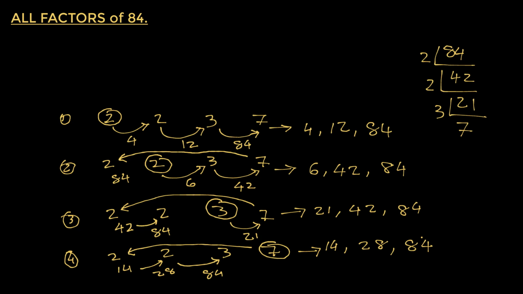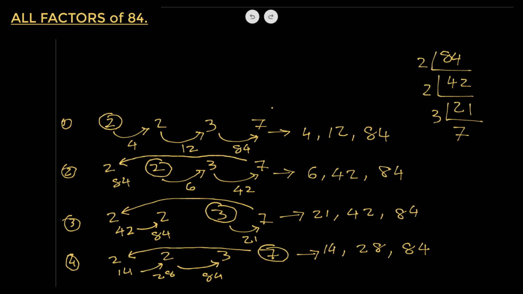So we have done the product combination of all the prime factors. Now which are the prime factors? Write them again: 2, 3 and 7. You don't need to consider this 2 because it repeats.